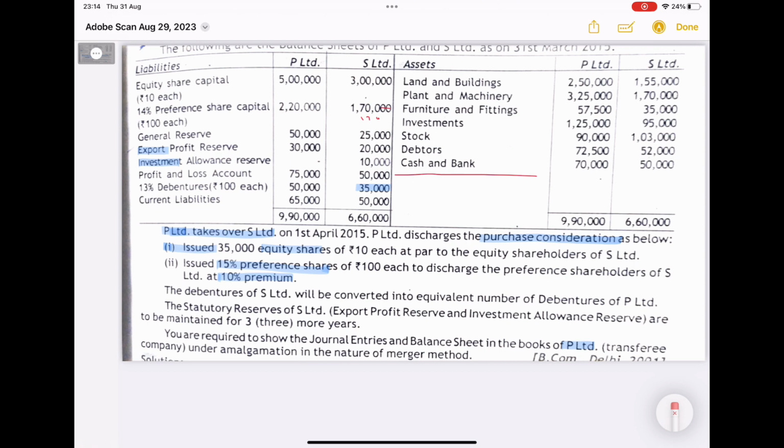Purchase consideration they have given: issued 35,000 equity shares of 10 each, so the total value will be 3,50,000.